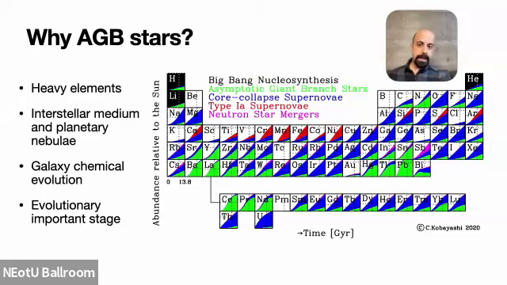The heavy mass loss during the AGB phase also shapes the interstellar medium and produces planetary nebulae. Mass loss also plays an important role in shaping the structure of galaxies and the chemical evolution of the universe as a whole. The amount of mass loss and the initial mass of the star also set limits on the later evolutionary stages of the star itself.